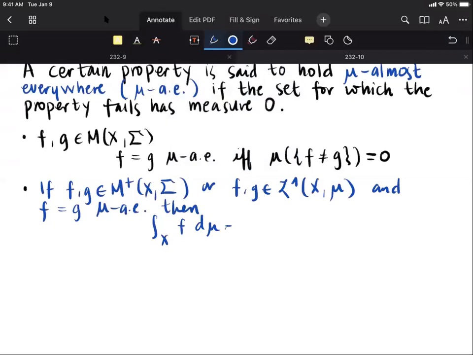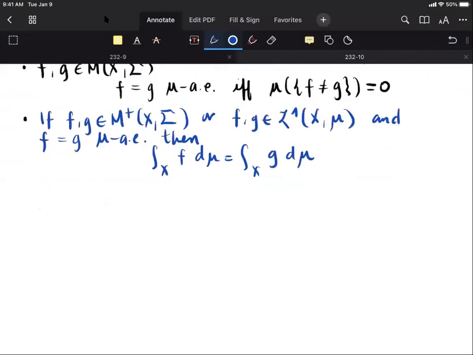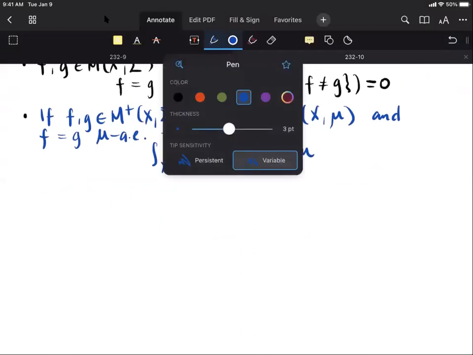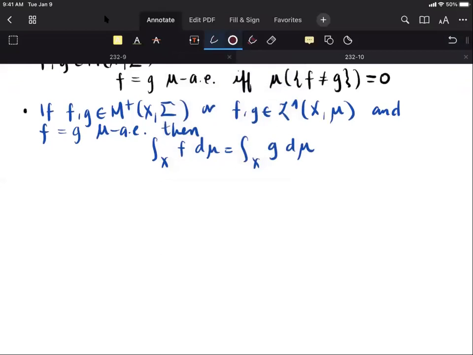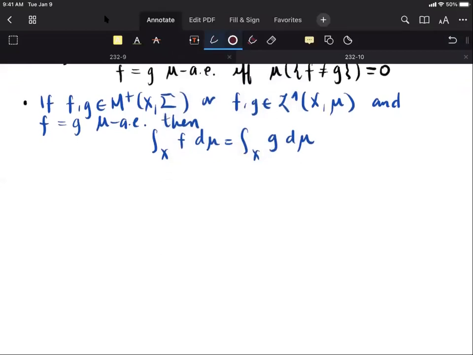The Lebesgue integrals are the same. And to show this, it is enough to show the following.